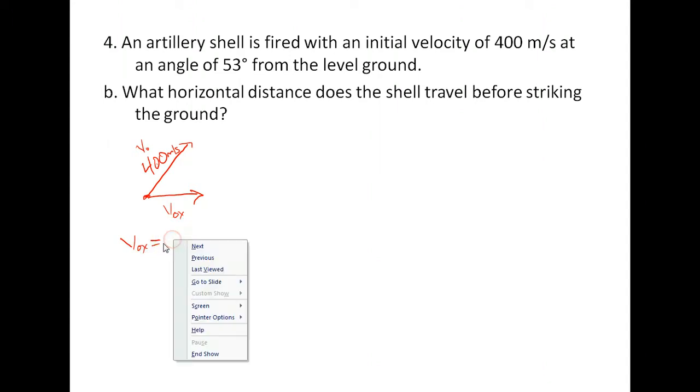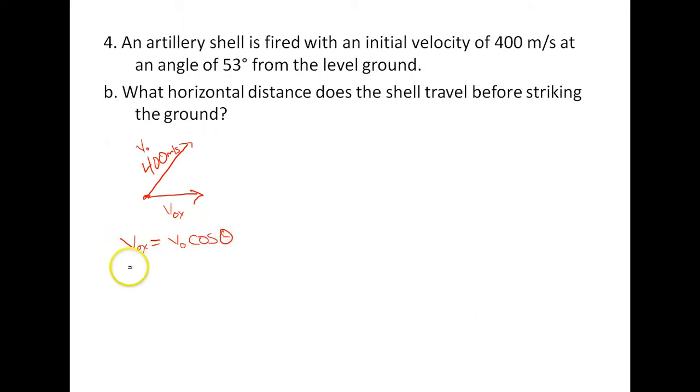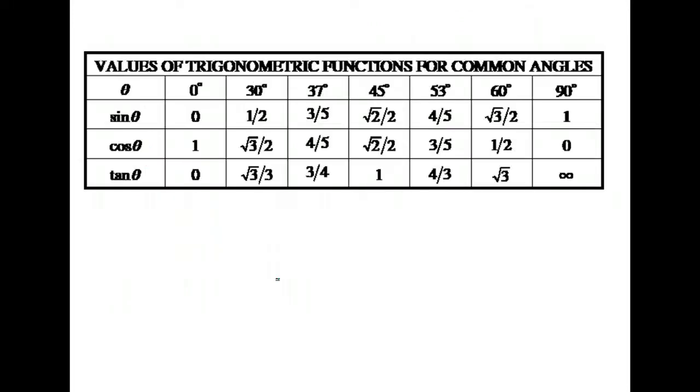So we need to know the initial velocity times the cosine of the angle here. So let's plug in numbers, the initial velocity being 400 and the cosine of 53 degrees. So let's go take a look at the cosine of 53 degrees. Cosine 53 degrees is 3/5 right here.